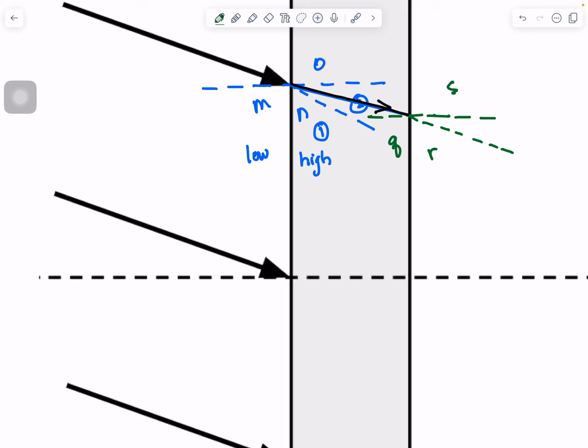Am I going to go into X or Y? And the answer is I'm going to go into Y because I'm going from high to low. This is my index of refraction. Glass is higher than air. And so when I go from high to low, I bend away from the normal.